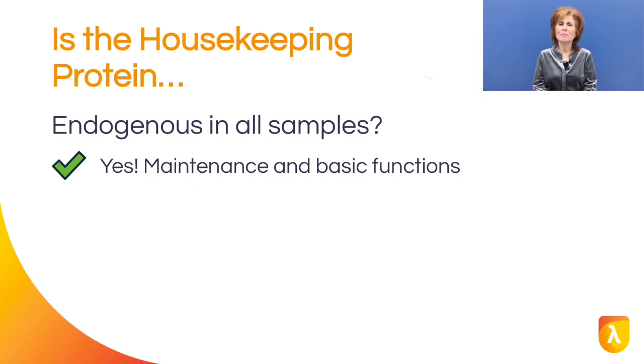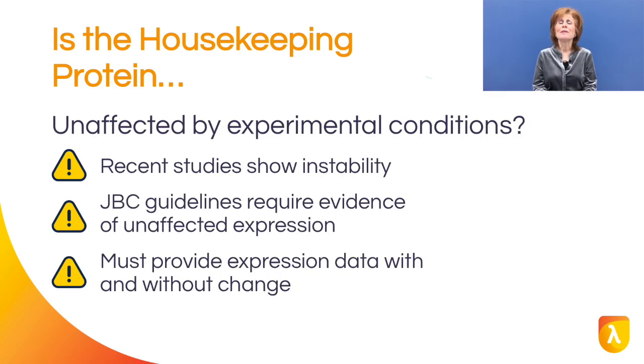That is, it must be an endogenous protein present in all samples. The proteins expressed by housekeeping genes are generally involved in cell maintenance and basic functions and are constantly required by the cell. Secondly, it must be unaffected by the experimental conditions or treatments.